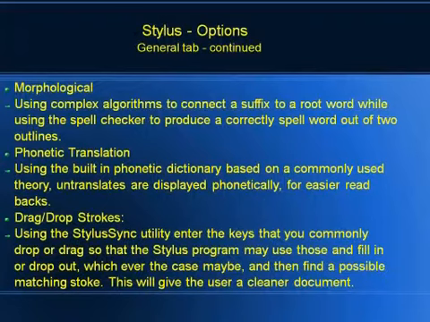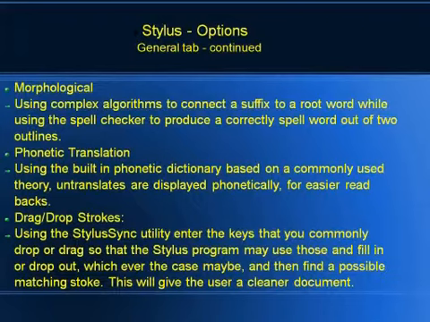Basically what that means is you've got a root word and a morph ending, an ending like ed. If I spell the word stop and I've got a morph in there and it's ed, it's going to double the consonant and put the ed.